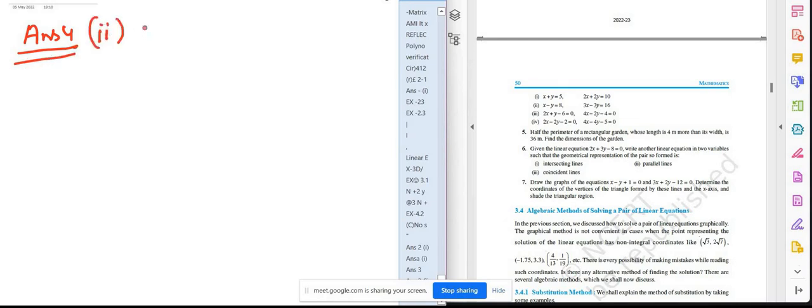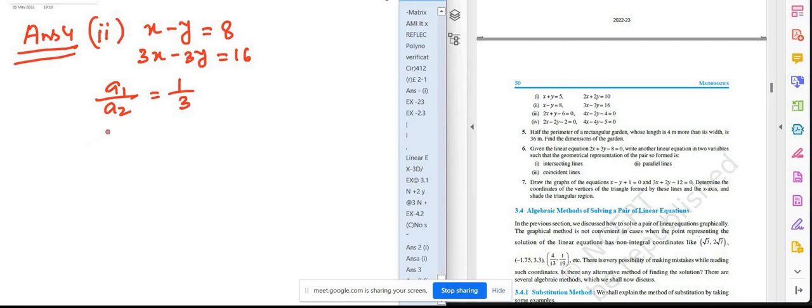Second question, x minus y equals 8 and 3x minus 3y equals 16. So here a1 by a2 equals 1 by 3. b1 by b2 equals minus 1 by minus 3, so it is also 1 by 3.